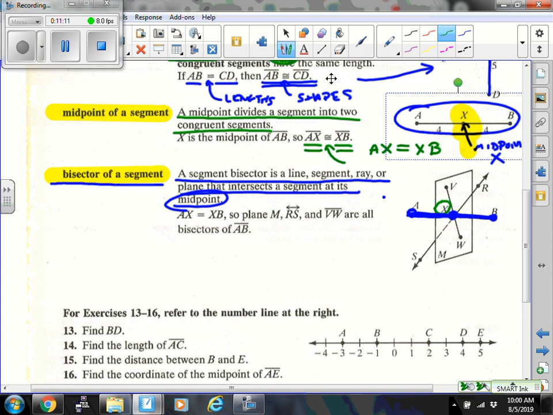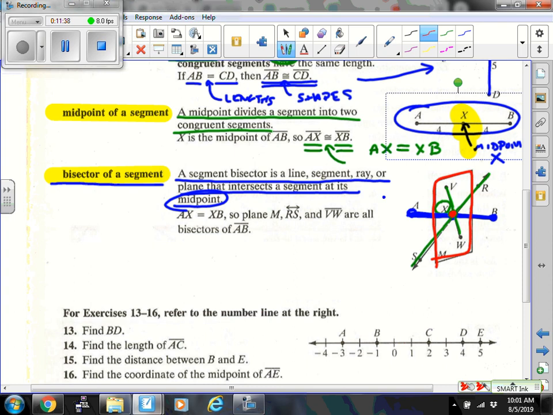Like, for example, we can use the point, but we also can take a line segment and cut it in half by going through X. We can also take a line to cut AB in half, as long as it goes through X. And then we can take this plane, M, as long as the plane only touches the line segment at X, it can also be the slicer or the cutter in half.